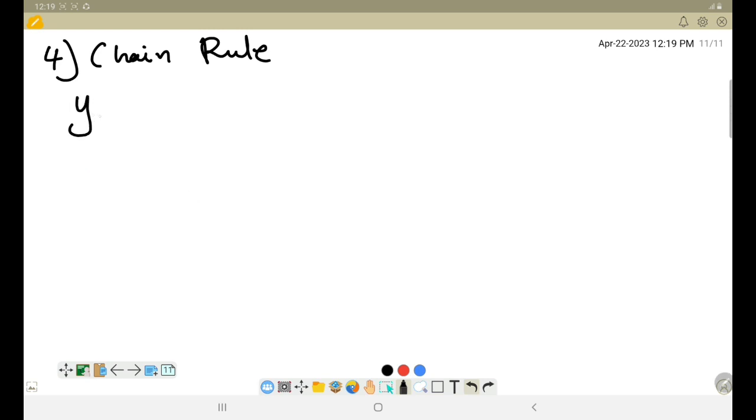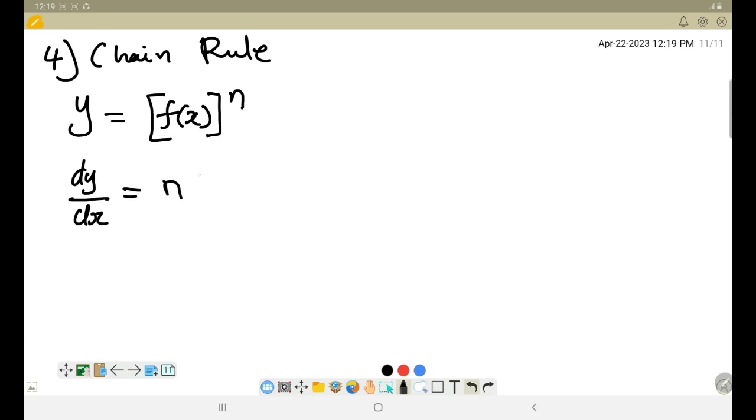If you have a function of this nature, of course it looks like power rule, but it's not entirely power rule. When you differentiate, you bring down the n, and then you multiply by the function that is inside the brackets, subtract 1, but also go inside and differentiate.